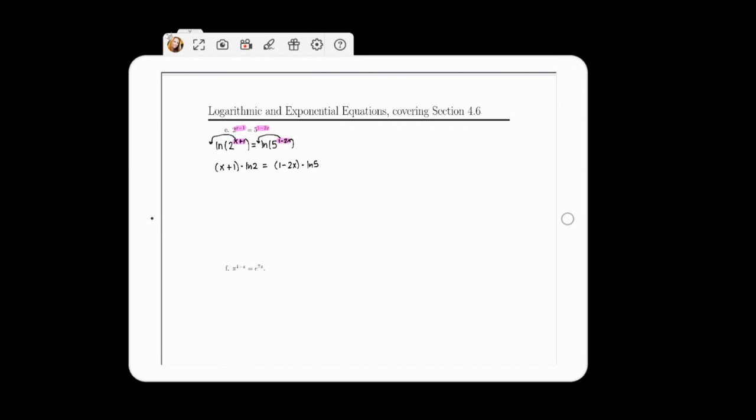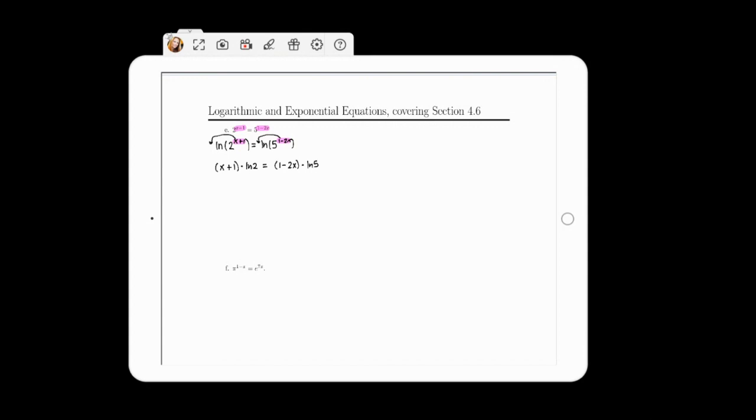Okay, so please remember that the natural log of 2 and the natural log of 5 are just numbers. So what we have here is just a linear equation. Oh, so we're back in chapter 2. So now it's a bit of a complicated linear equation, but it's still only a linear equation that we need to solve.